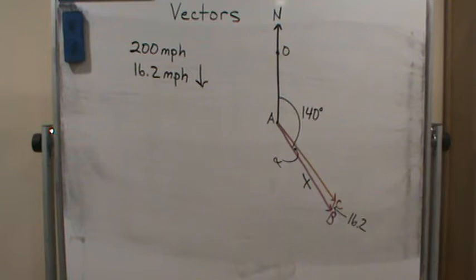And what we need to do is find the angle alpha in order to calculate the adjusted bearing, which is going to be 140 degrees plus alpha.